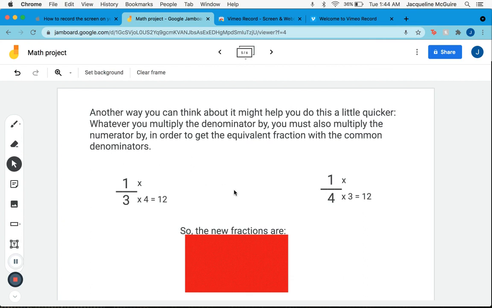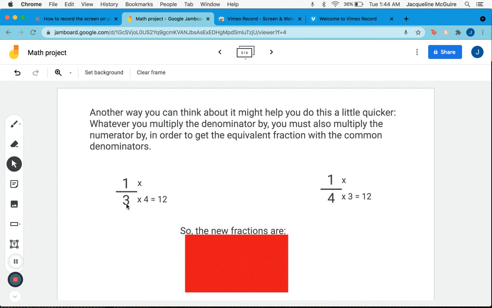So another way you can think about this that might help, and you can do it a little bit quicker, is whatever you multiply the denominator by, you also must multiply the numerator by in order to get the equivalent fraction. So over here we have 1/3, and we knew that 3 times 4 equals 12.